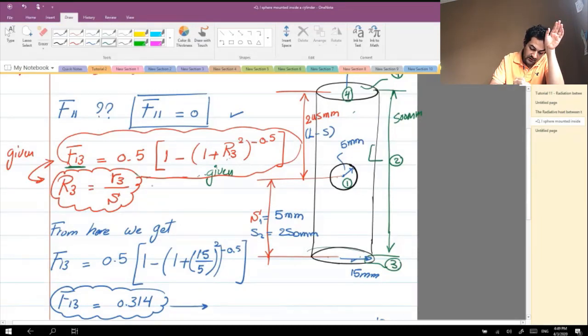So we rewrite this equation in terms of F14 and R4.